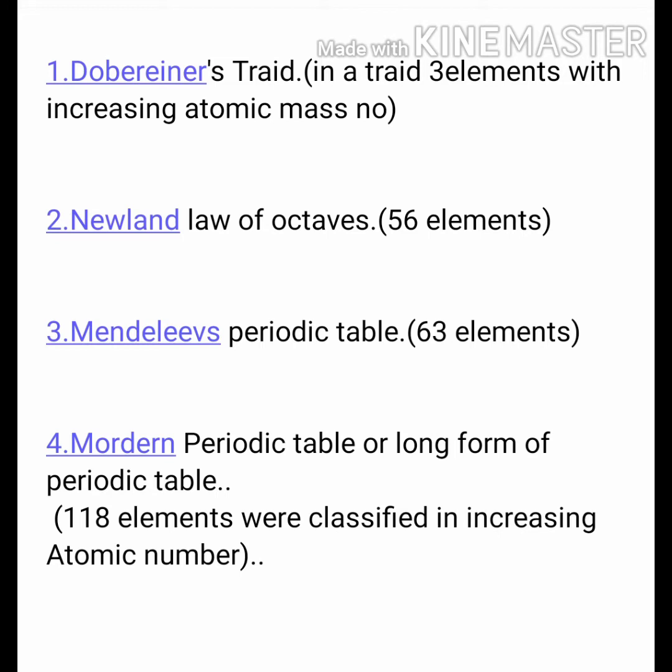The fourth one is the modern periodic table, which we all agree to and follow. But before that we will study these three: how they came into the picture, why they failed to impress other scientists, and why they were discontinued. All that we will study now.